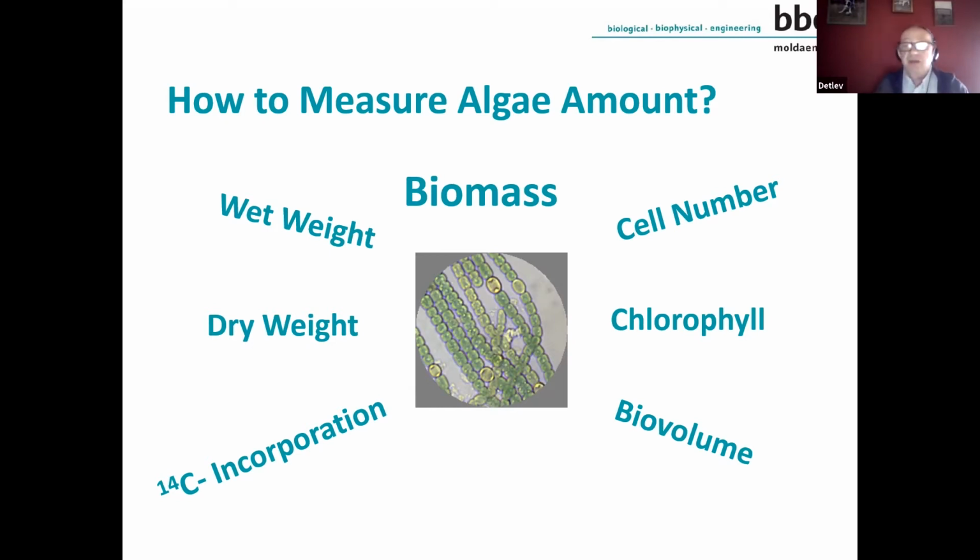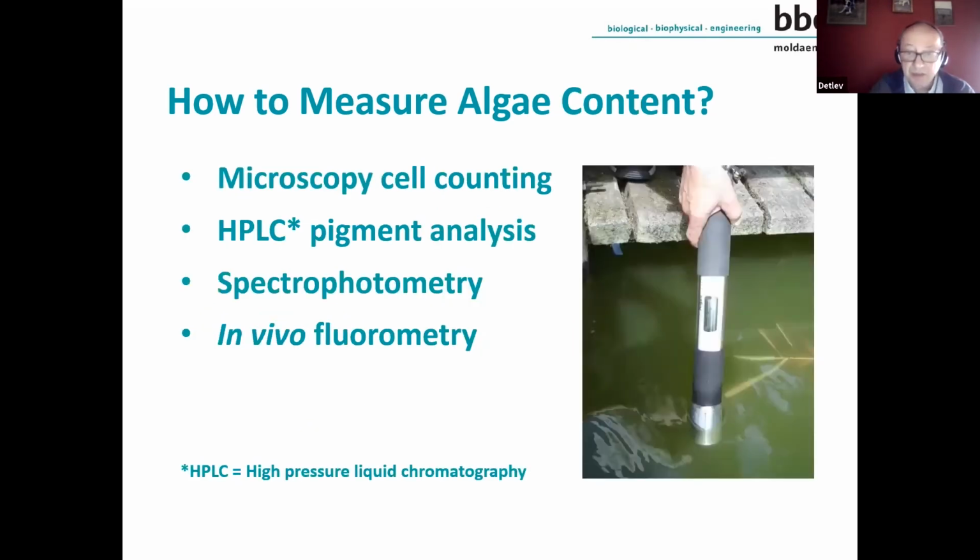And the last one is biovolume, which takes the cell number and the shape into account and calculates the amount of biovolume inside of the water. Also a microscopic technique, but it is also laborious.